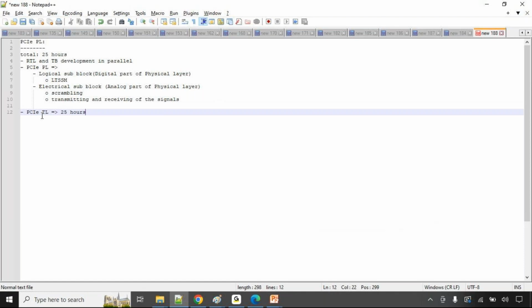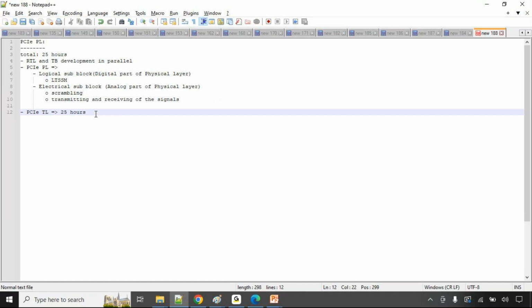Of course the RTL code will not be as standard as any product company's designs, but still you will be able to see the transactions happening and the packets going through the interface. So we will be able to achieve that level of coding in terms of the design and test bench.